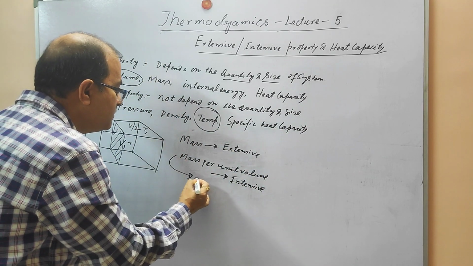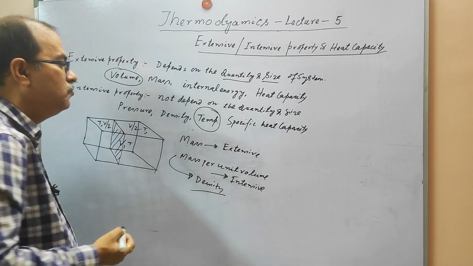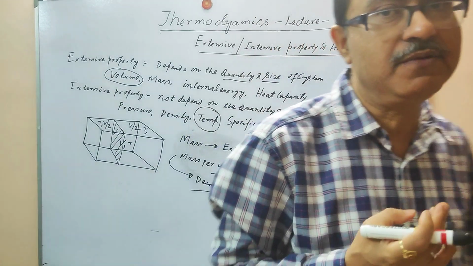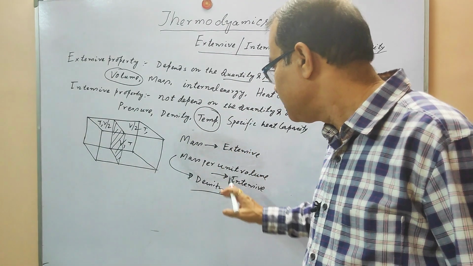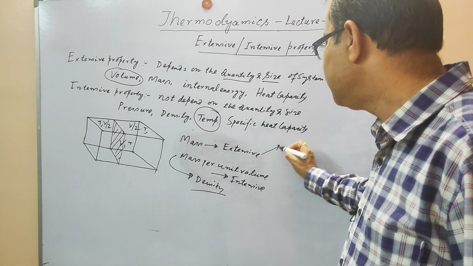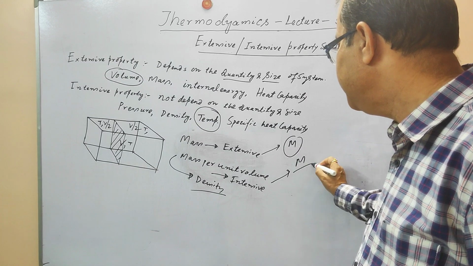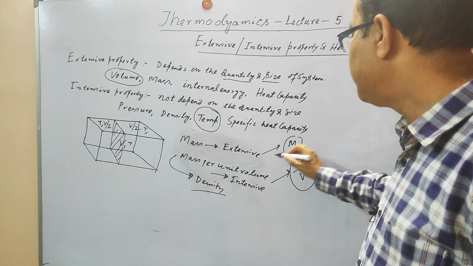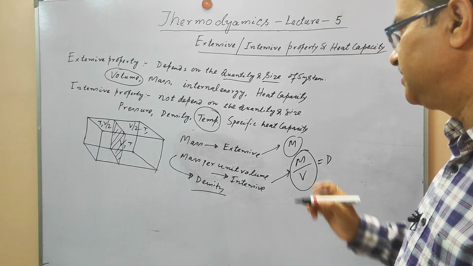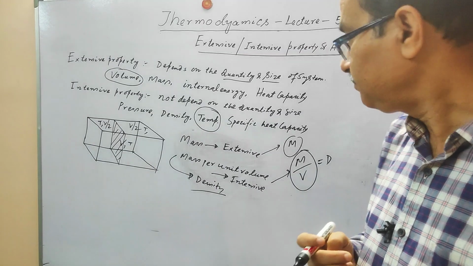This is called the density, physical quantity, and this physical quantity does not depend on the mass, because we already specified the mass. So it will become the intensive property. So mass is the extensive property, but M by V, mass per unit volume, is density, which is not the extensive property. It transforms into the intensive property.